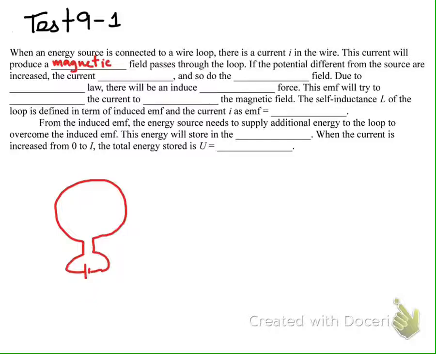This is the EMF source here, and you have the current I like this. So from the Biot-Savart law or Ampere's law, we will have the magnetic field, and you can see that we have the magnetic field that points into the page like this. So it is a magnetic field in the first place.